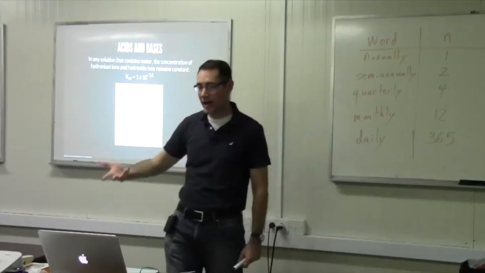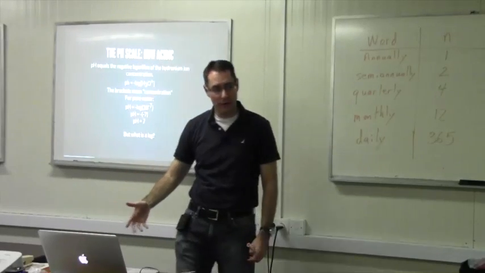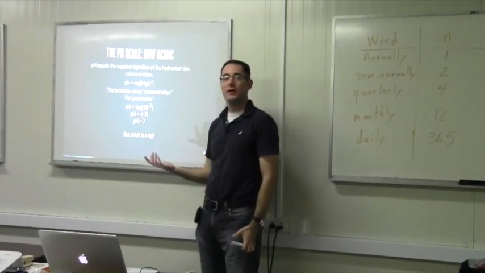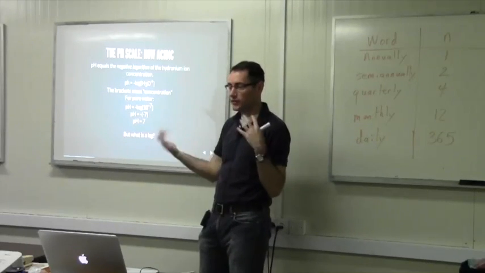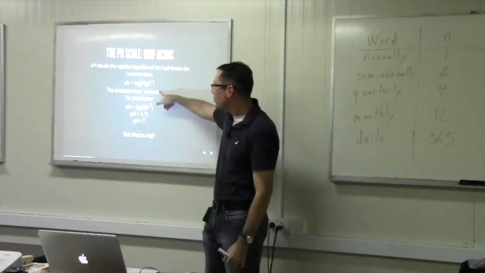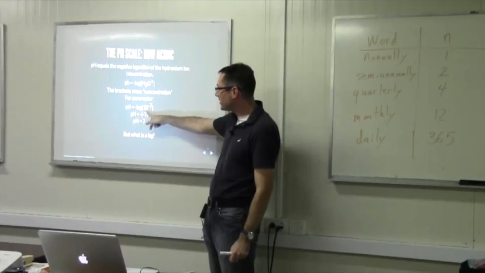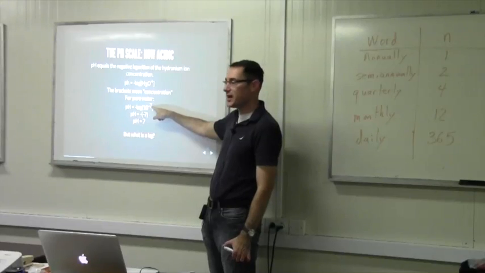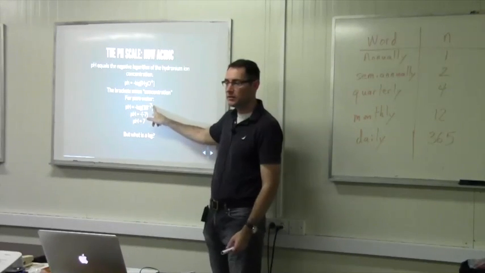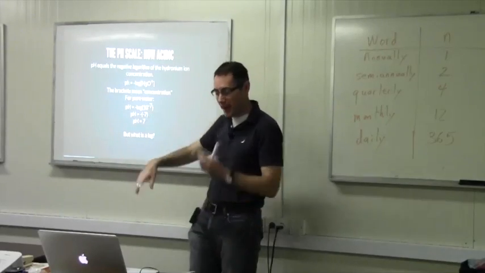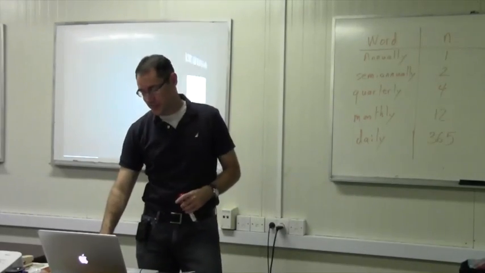Well, the hydroniums are half that, 10 to the negative 7 in water, because there are exactly equal amounts of hydroniums and hydroxides. So if you take the negative log of 10 to the negative 7, what's the log of 10 to the negative 7? Minus 7. What's negative of negative 7? 7, so that's why the pH is 7. Okay, so you guys can do this. This is not hard math. It's actually pretty easy.